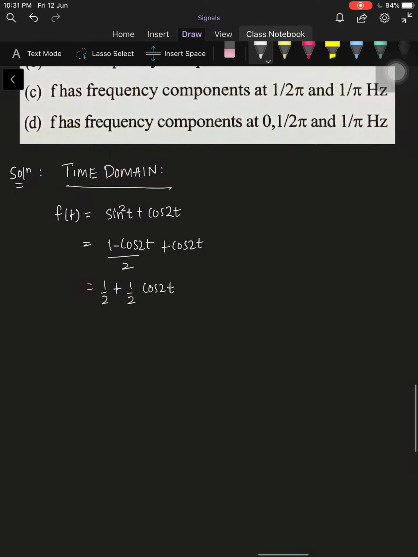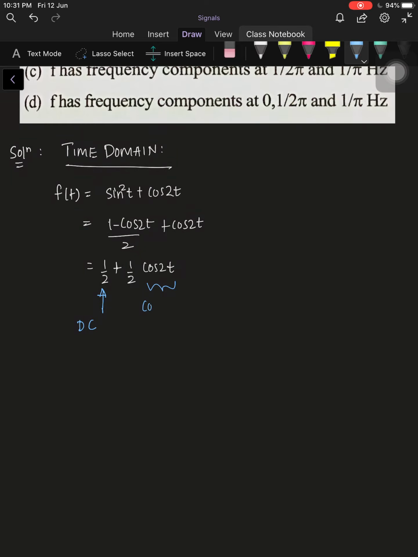So we know that when we see f of t as a signal and not as a function, then this is a DC component and this is a sinusoid component. Okay, and this is of the form cos omega naught t.